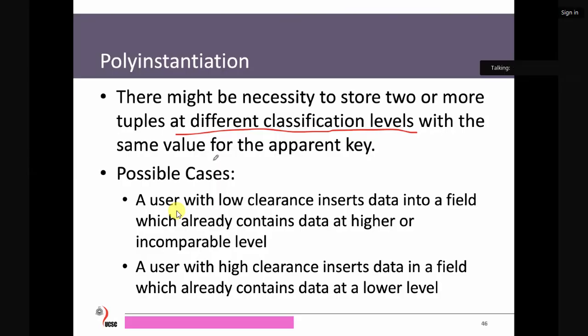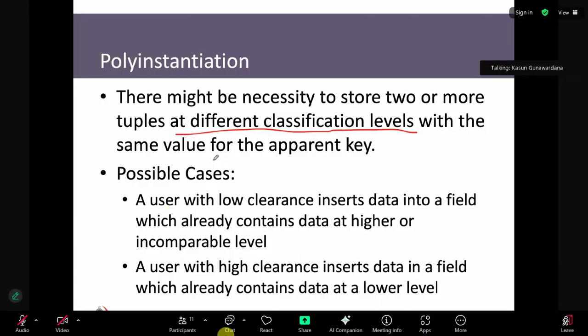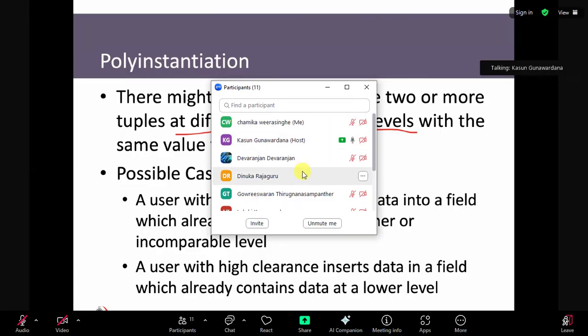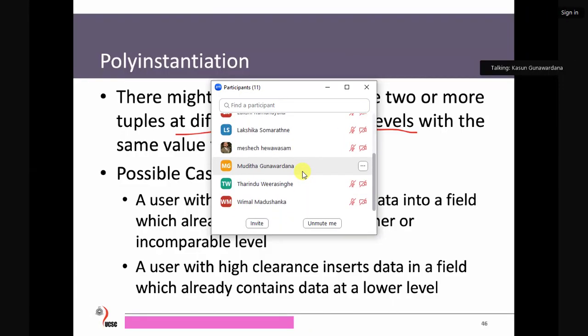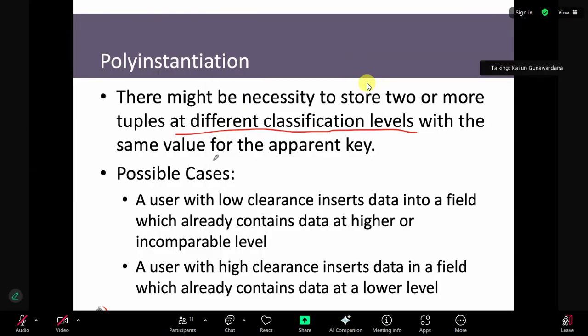In a standard relational model, there cannot be two rows with the same primary key. Let's say there is index number 2000, a student who follows the Master of Cybersecurity degree program. In a standard relational model there cannot be two rows with the same index number.